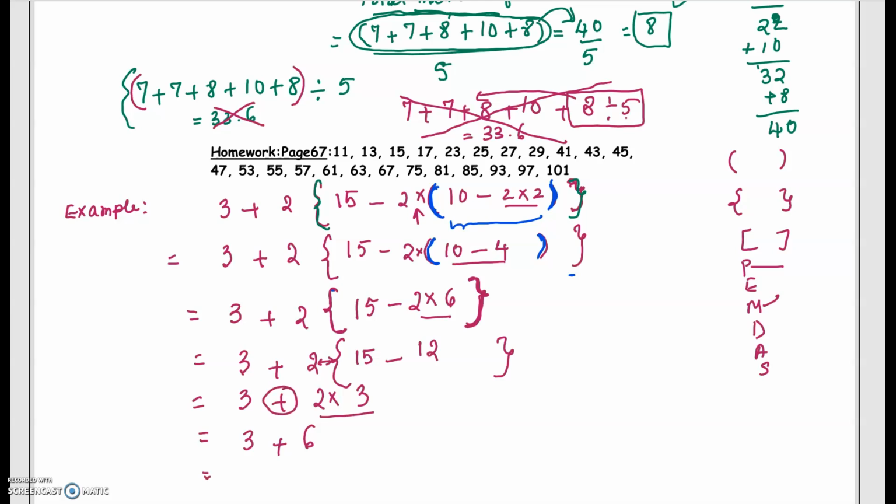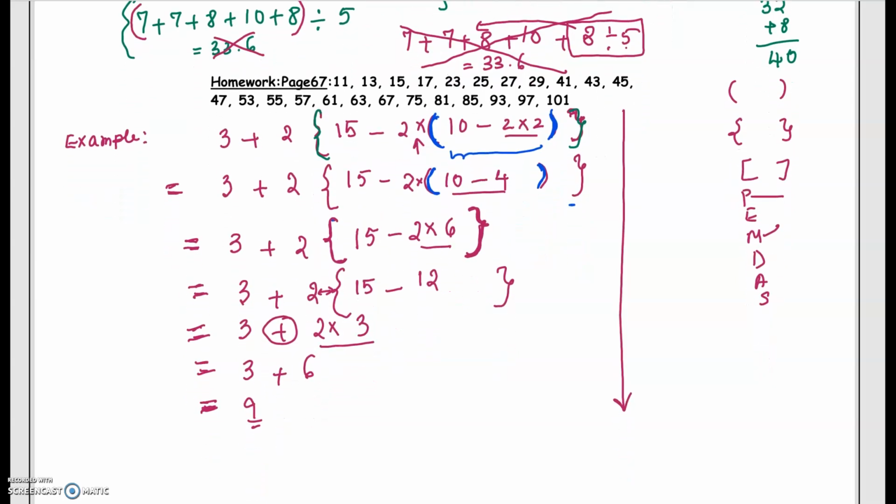Addition comes last. 6 plus 3 is 9. So 9 is your final answer, and remember to go vertically down, put your equal sign every step, and write down everything. This way you minimize the possibility of errors, writing down everything and doing every step carefully.